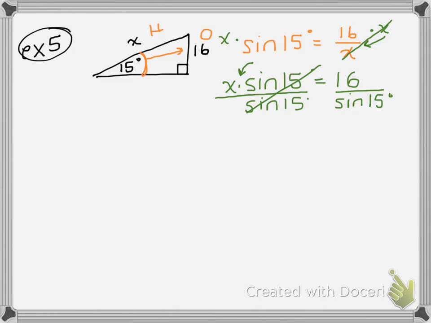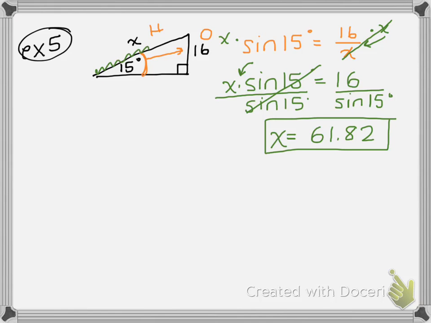Remember, whatever you do to one side, you have to do to the other, and then when you divide that, you are going to get 61.82. And remember, this is going to be your hypotenuse right here, so make sure that that is indeed longer than that other side.